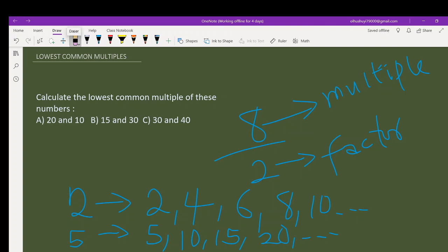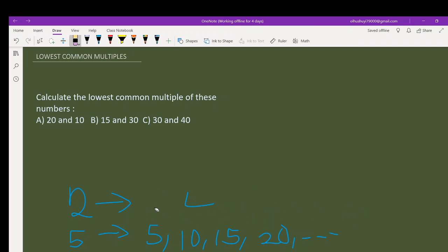So quickly now, let's consider an example. That's what multiples are. Then if you look for the lowest common multiple of numbers, let's deal with example 1.